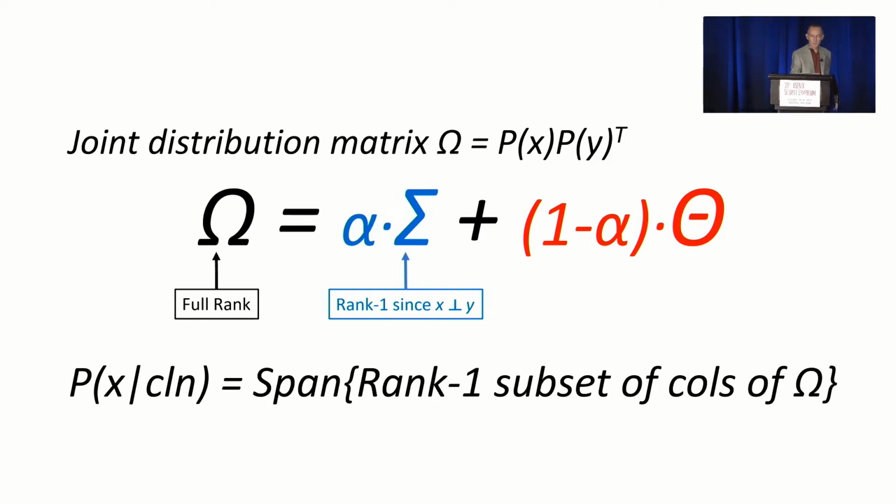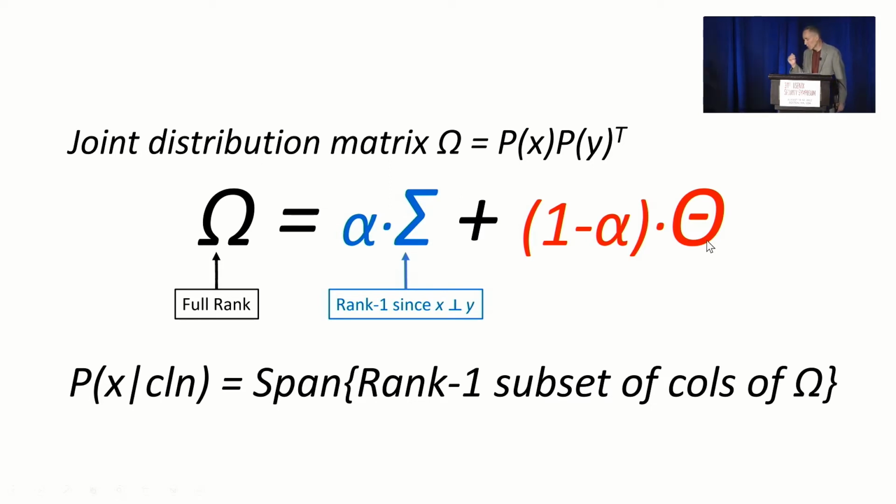Now, the distribution matrix of clean is rank 1. Why? Because remember we said x and y are independent, and that's what independence means. But what you observe is not going to be rank 1 because it's contaminated by this other additive component, the distribution matrix of the bot traffic.